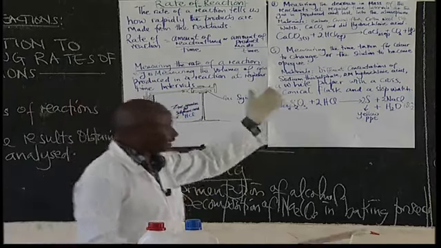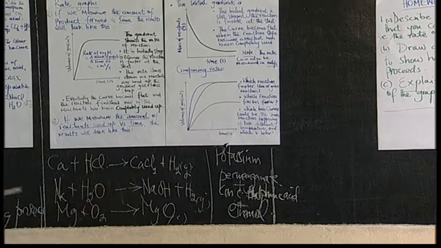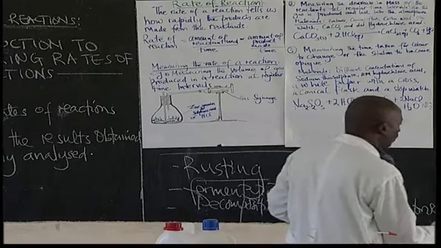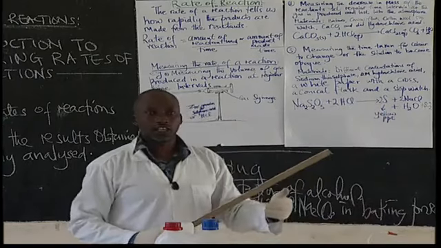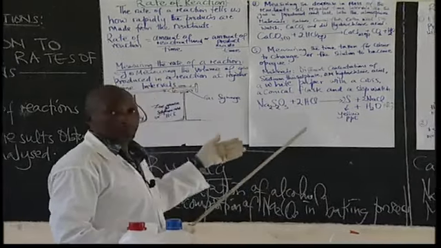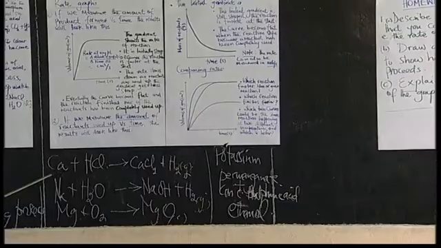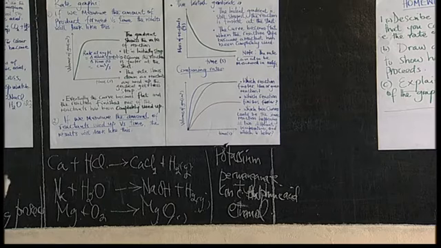That is one way the rate of the reaction can be measured, using the product produced, such as the volume of gas. Number two is measuring the decrease in mass of the reactants. If we had calcium and hydrochloric acid, we can measure the decrease in mass of the calcium. After 5 seconds, we record the mass of calcium that remains.